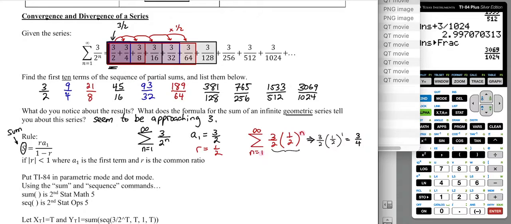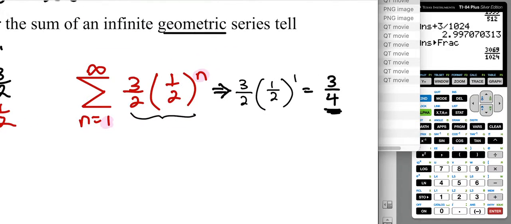Then if I want the result of this computation to be 3 over 2 instead of 3 over 4, then I probably started with the wrong number here. So I'd be thinking to myself, what would be one step prior to the 3/2? By that I mean if the common ratio is 1/2 and we're multiplying by 1/2 every step of the way, why not divide by 1/2? 3/2 divided by 1/2 is 3, so let's try that.